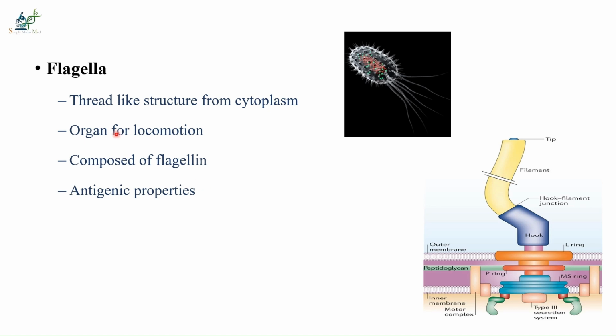Flagella. Flagella are thread-like structures arising from the cytoplasm. They are organs for locomotion, composed of flagellin, and also have an antigenic property. Not all bacteria have flagella; only motile organisms have them. The bacteria move from one place to another with the help of the flagella.